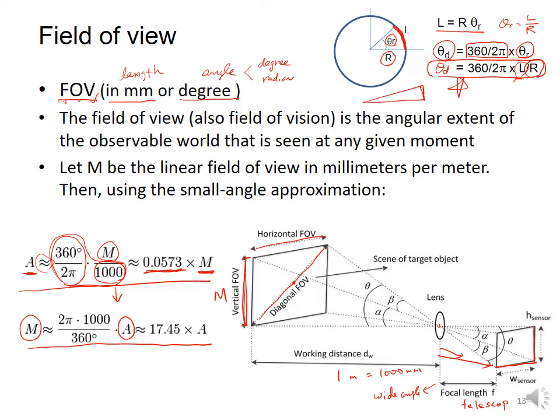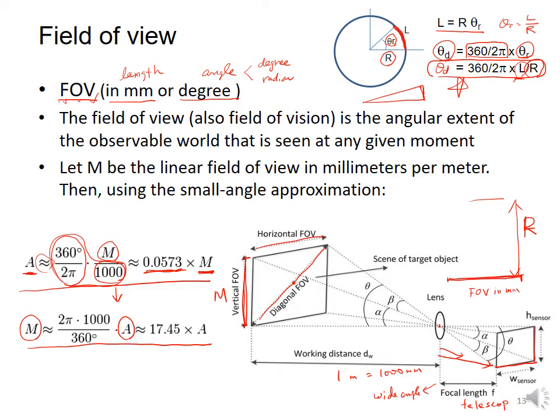So when we set up a machine vision system, we define the working distance, L. This is R, working distance, and we set up the field of view in millimeters.